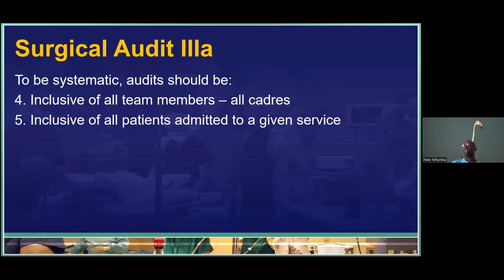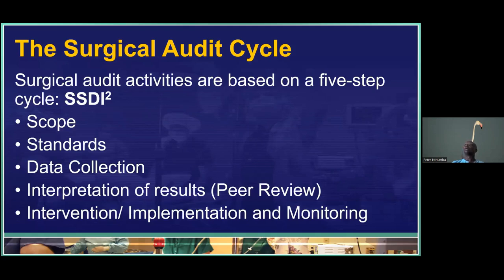The review should be by every member of the team. It also should be inclusive of all the patients admitted to a given service or seen by a given service, so that all morbidities and mortalities within the service are discussed, and interventions to avoid similar complications in future drafted and reviewed.